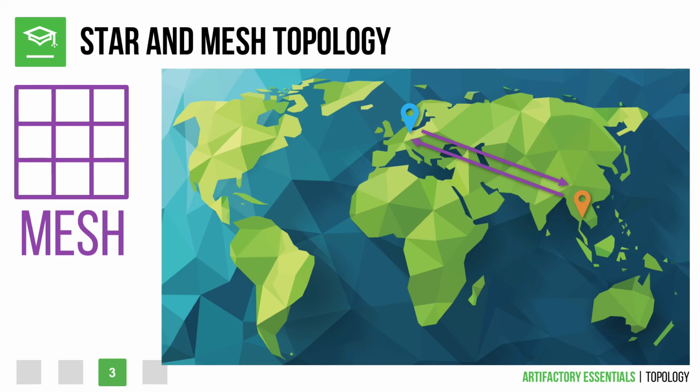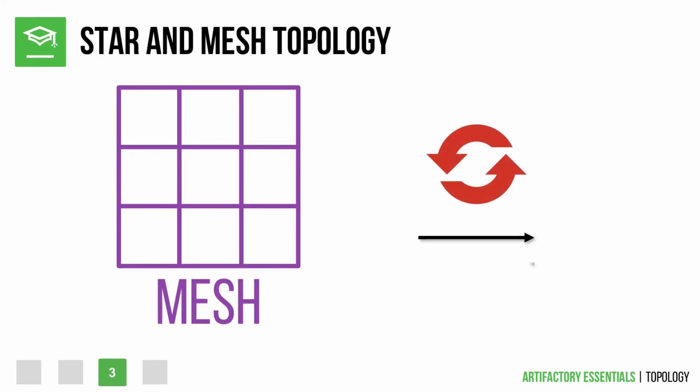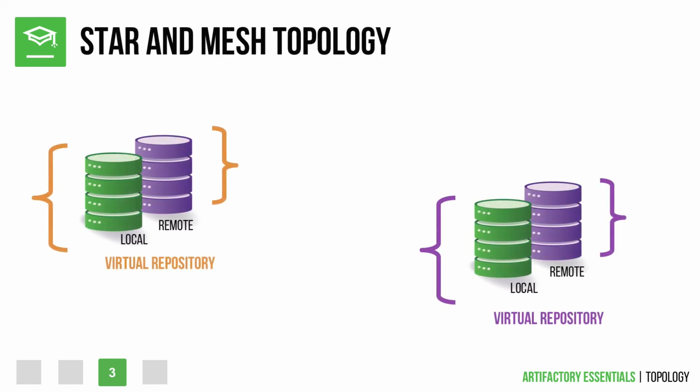With a mesh topology, you can extend to any number of sites. In fact, let's add Cape Town and Chicago to the mesh. Something that can arise from a mesh topology is bilateral replication, which can get caught in an infinite loop. Artifactory replication is one way to avoid this, but you can use a virtual repository to simulate a bidirectional replication.